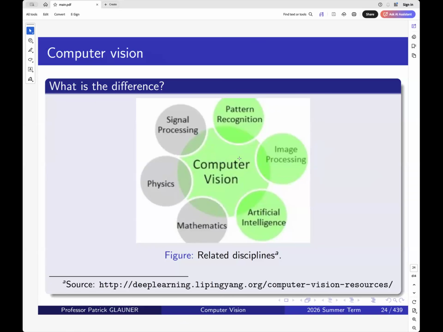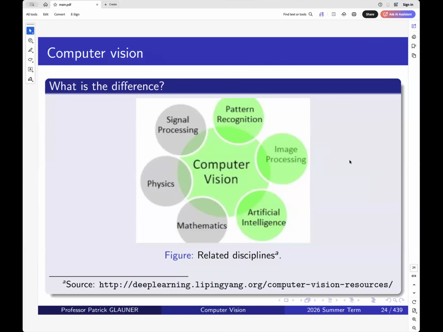Now, there's always the question, what's the difference between computer vision, image processing, and so forth? Those are a bit vague terms. So image processing would really just mean process the image, like for example, increase contrast in an image or find some features. But computer vision aims at also more higher level tasks.